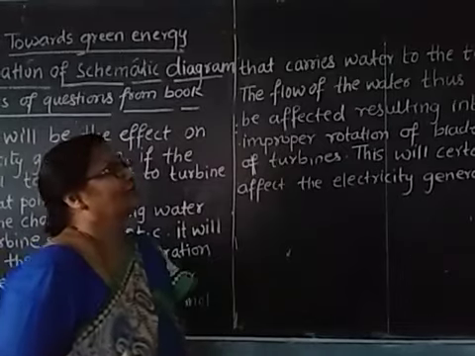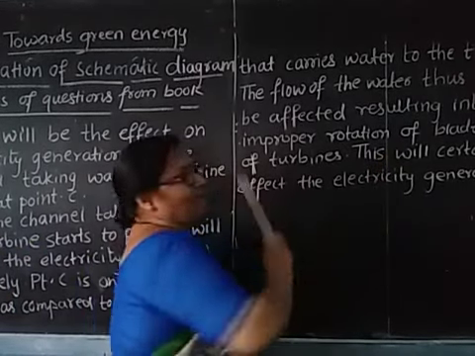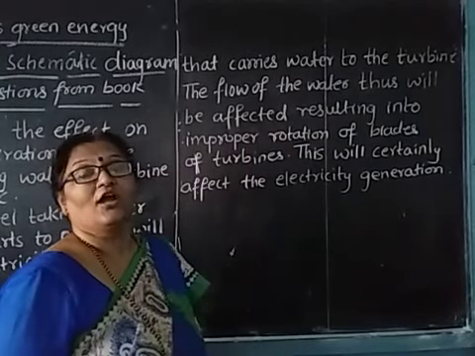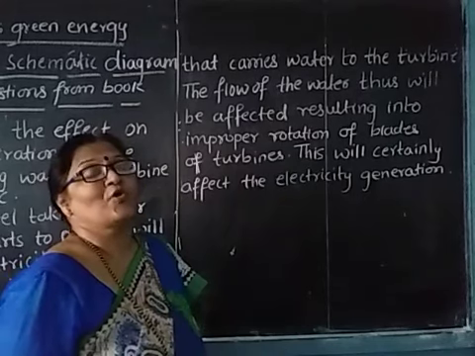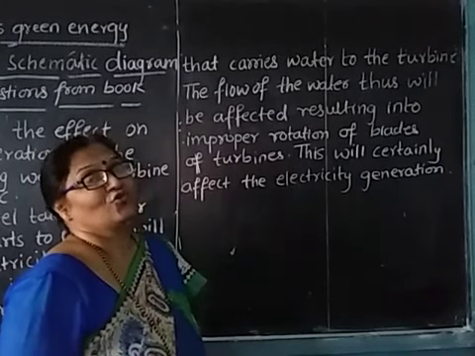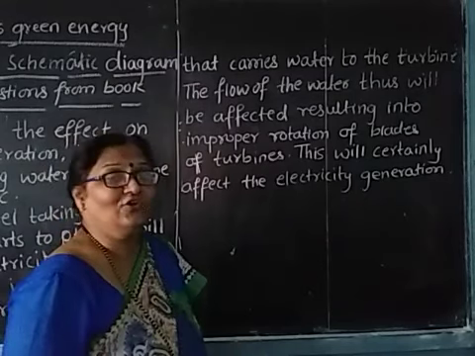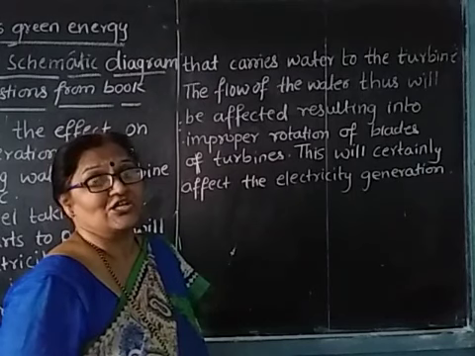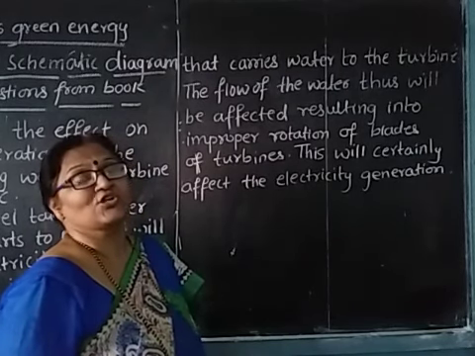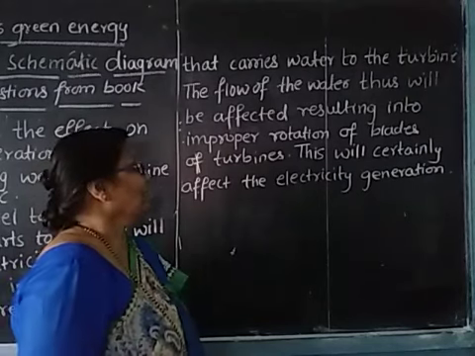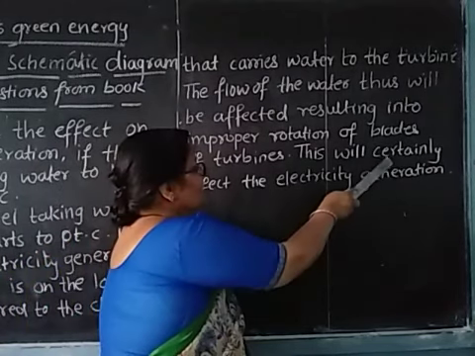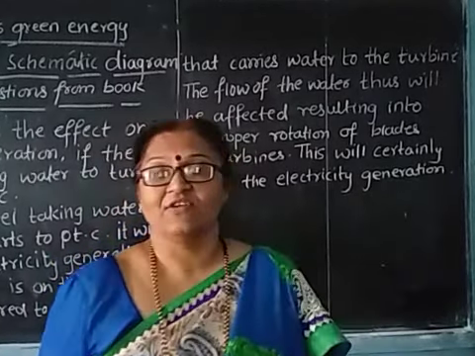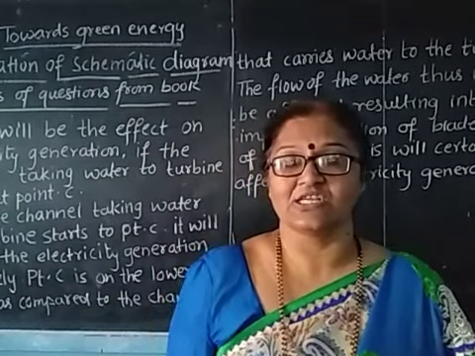The flow of water will thus be affected, resulting in improper rotation of the blades. If the water is allowed to flow from point C, it will fall onto the turbine, but the rotation of the blades will be improper. So this will certainly affect the electrical generation.